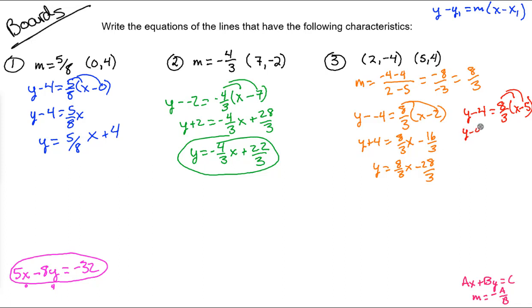So we get y minus 4 equals 8/3 x minus 40/3. And now we add 4 to both sides. So that's y equals 8/3 x negative 40/3 plus 4. Common denominator is 3, so that's plus 12 thirds. Negative 40 plus 12 thirds is negative 28 thirds. Wow, look at that. Isn't that amazing?